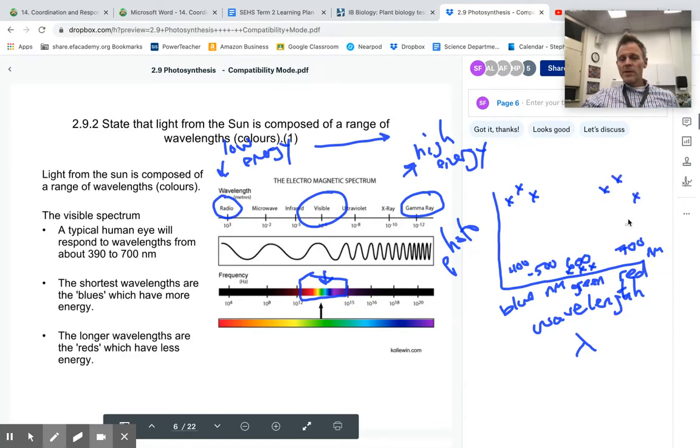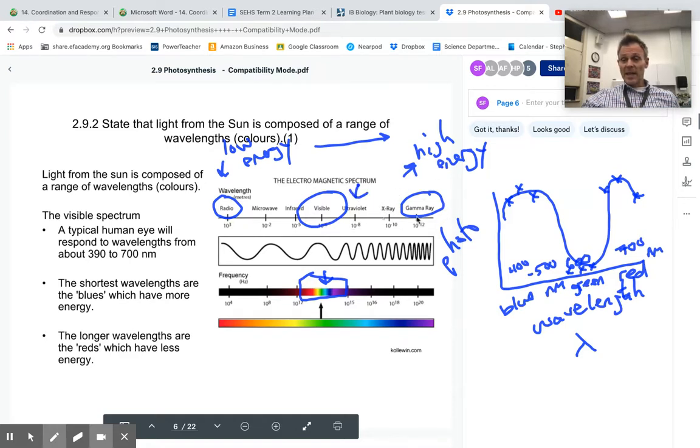So photosynthesis works best at blue and red. If we were to graph this, the absorption spectrum looks something like this, with higher rates of photosynthesis near blue and red and lower down here. That's what they want you to understand: the sun is composed of all these wavelengths, from radio to microwave to our colors, to ultraviolet, which can cause skin cancer because it's high energy.